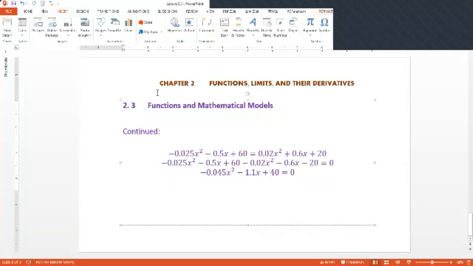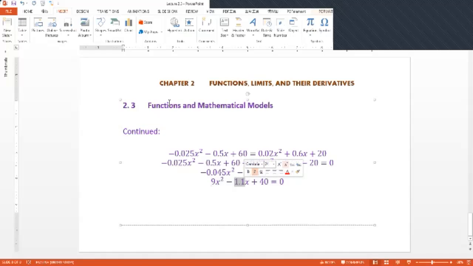Negative 0.045. So what you get will be positive 9 if you do that. Okay, it's 9, it's not 8. Sorry. If you multiply negative 200 by negative 0.045, you get a 9. You can check it yourself easily.